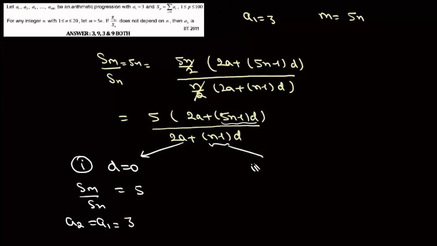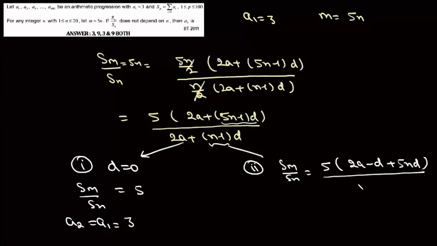And we also have the second case where we can write this ratio Sm by Sn as 5 into (2a minus d plus 5nd) upon (2a minus d plus n into d), and we can put this 2a minus d equals 0.